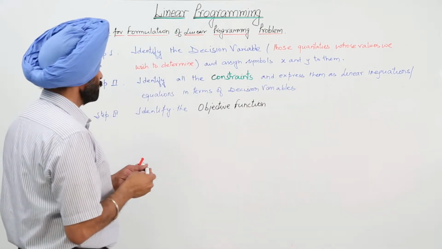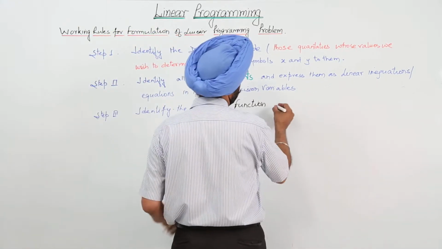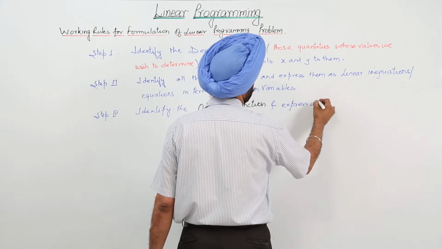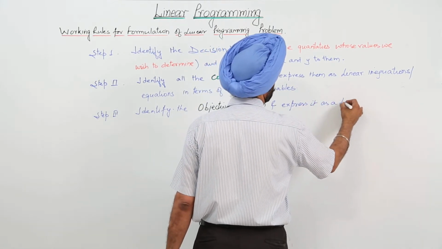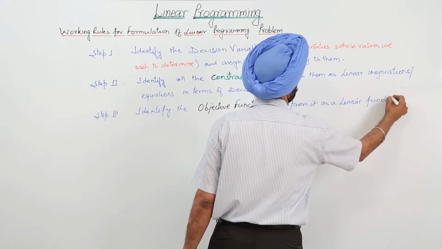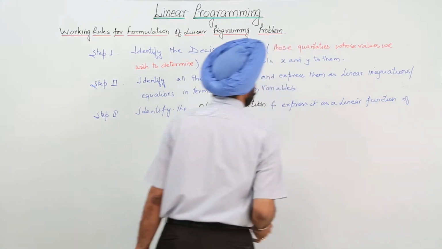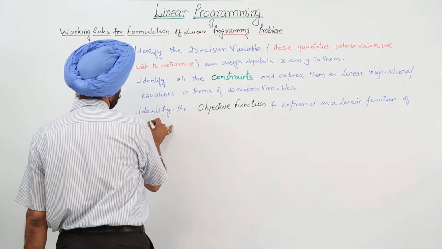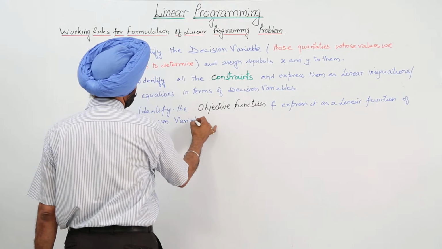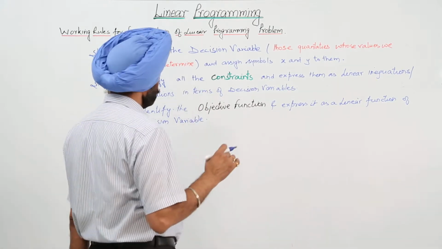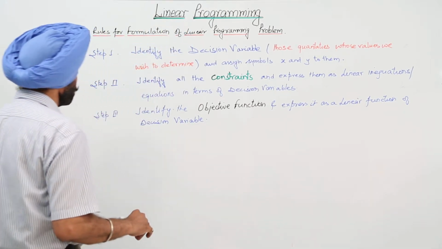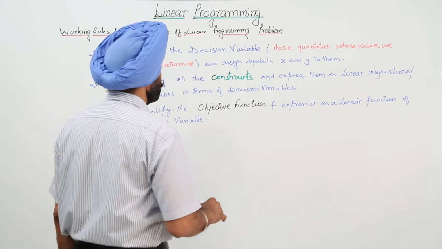Identify the objective function and express it as a linear function of the decision variables. Now, just a tip for you, okay? Identify the objective function and express it as a linear function of the decision variables.